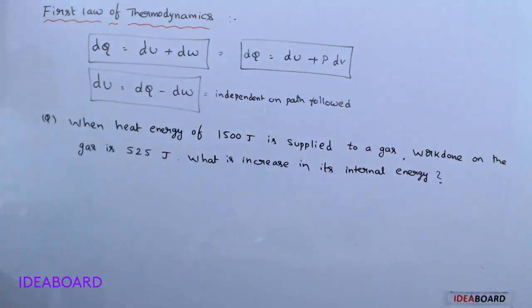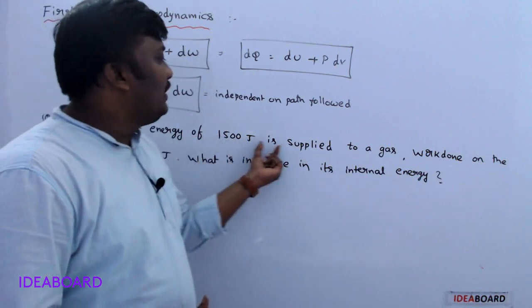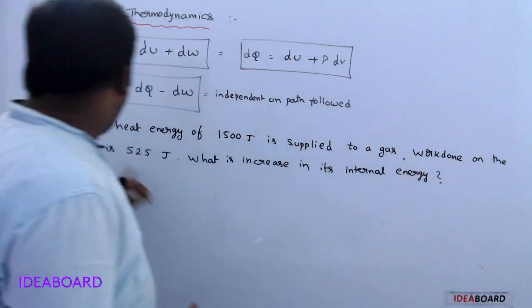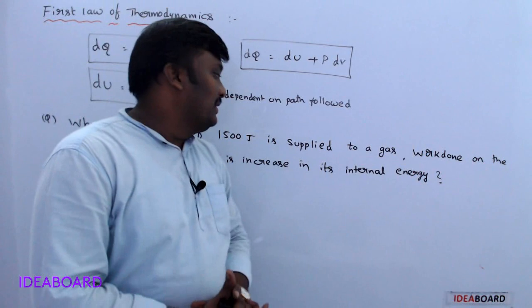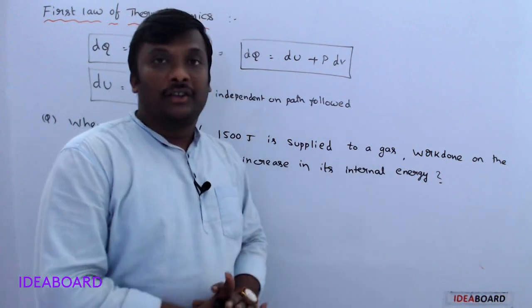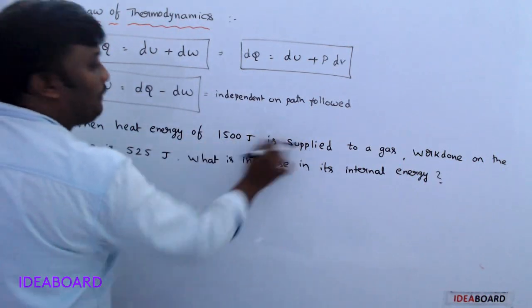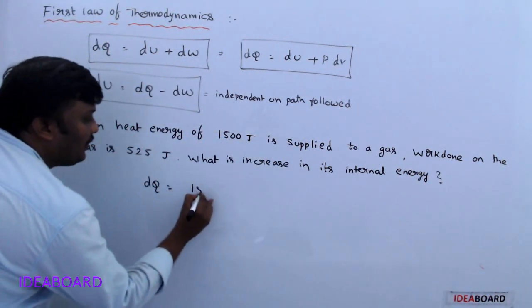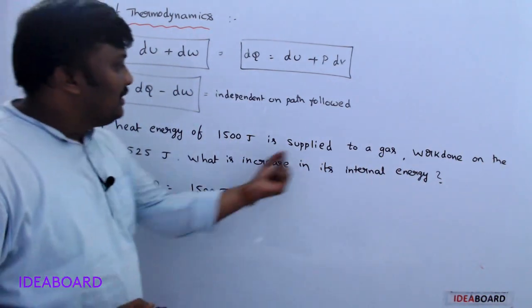Let us try a simple numerical. When heat energy of 1500 joule is supplied to a gas, then work done on the gas is 525 joule. What is the increase in its internal energy? Okay, so here heat energy supplied, that means dq value is 1500 joule. Positive or negative?